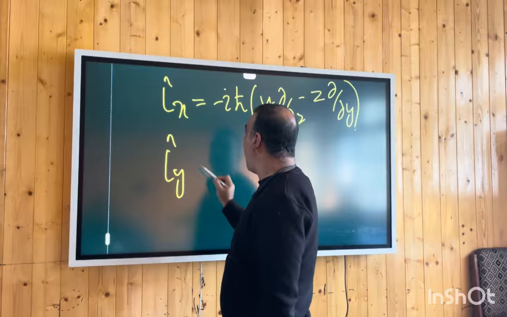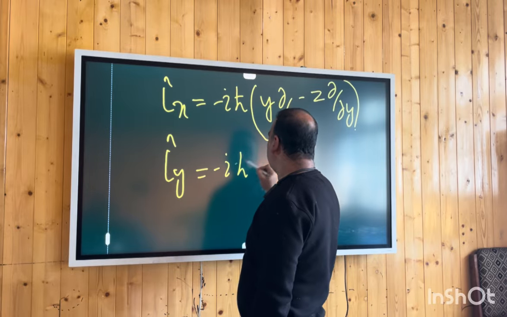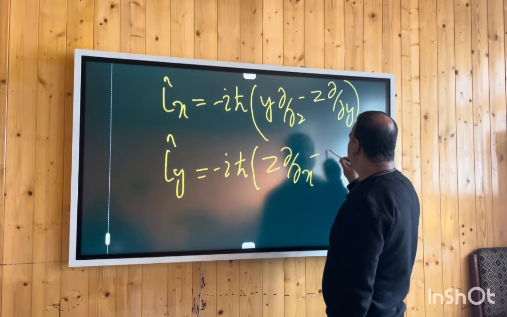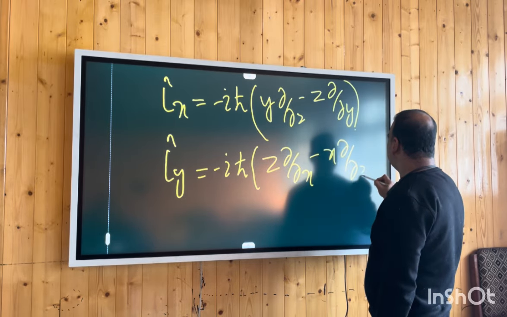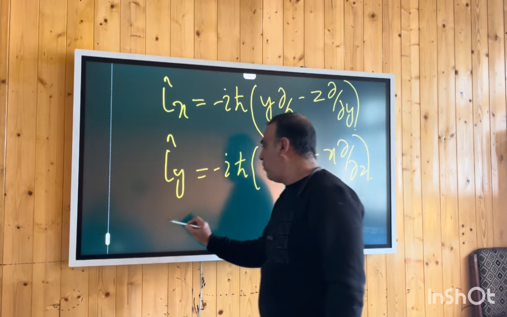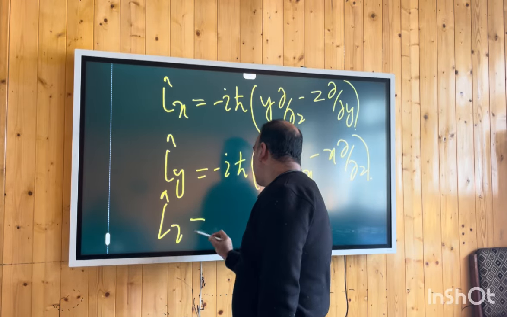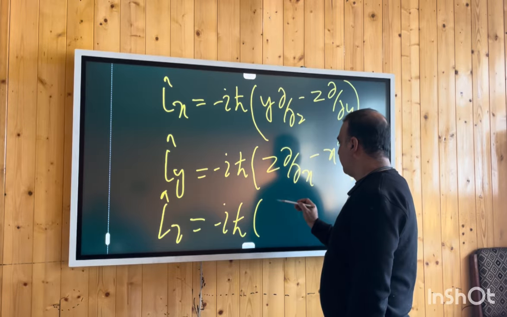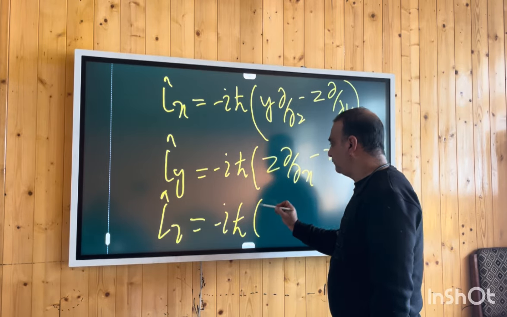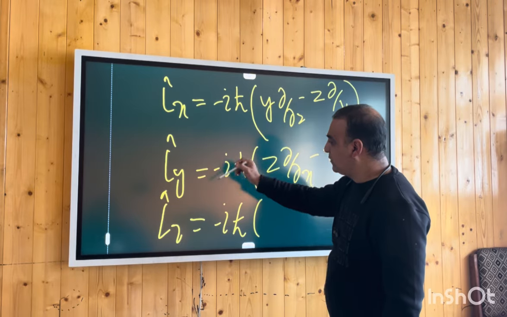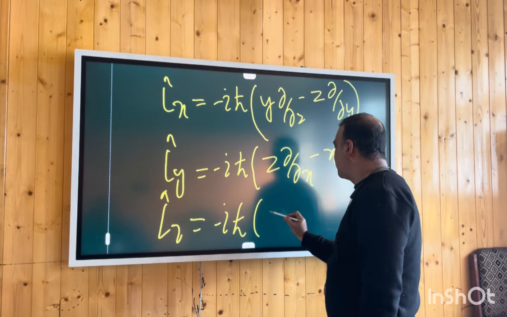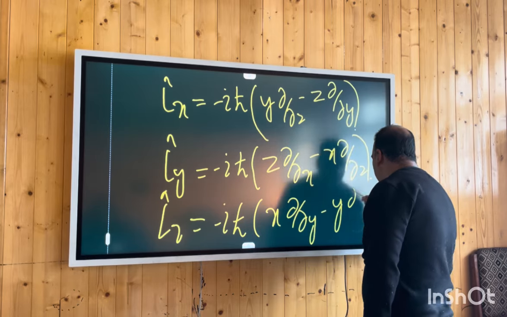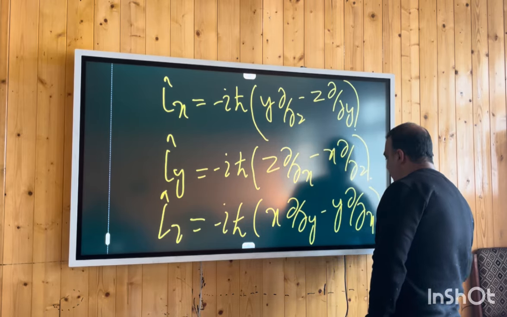Then you have Ly, that's minus iħ (z ∂/∂x minus x ∂/∂z). And then you have Lz, that is minus iħ (x ∂/∂y minus y ∂/∂x).